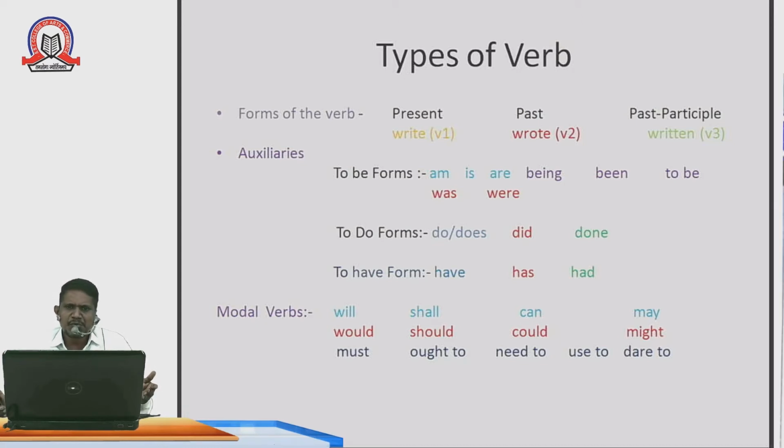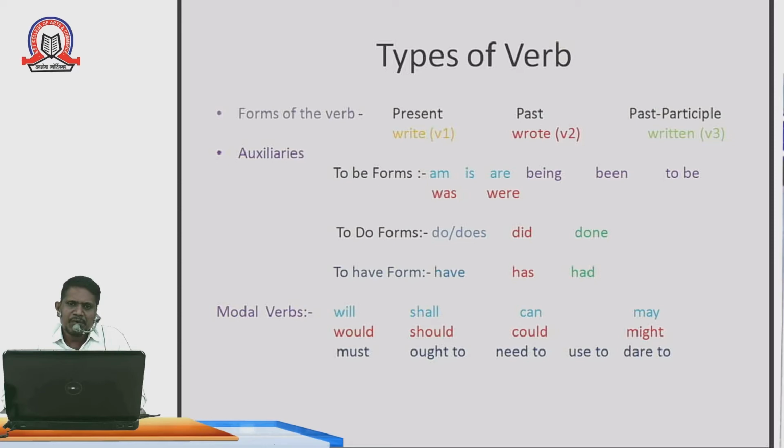So my dear students, you have to increase your vocabulary as per the types of verbs. Now to complete the full meaning of the sentence, you also need to know the auxiliary verbs. There are three types of auxiliary verbs. First is the to be forms.